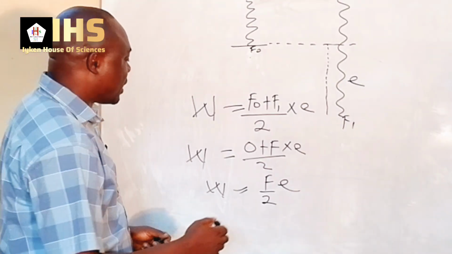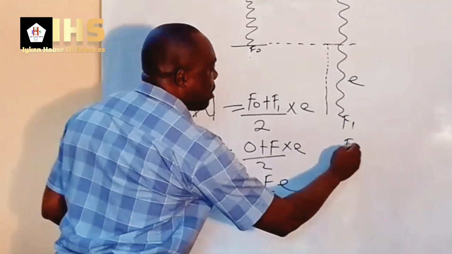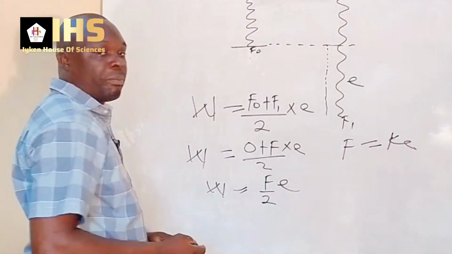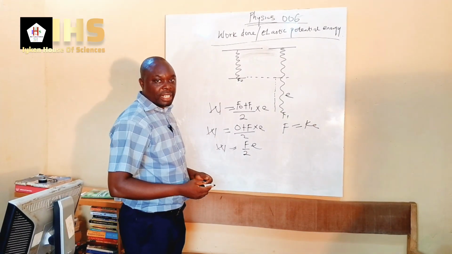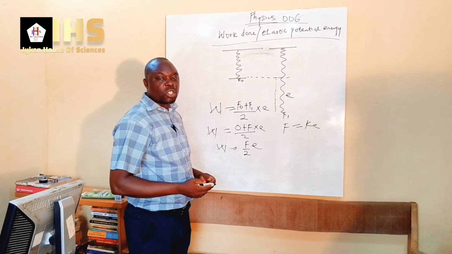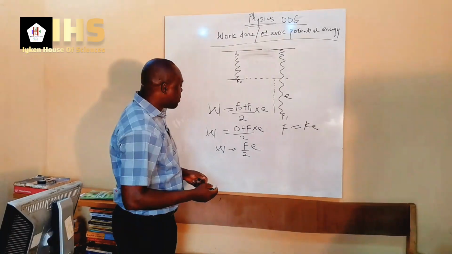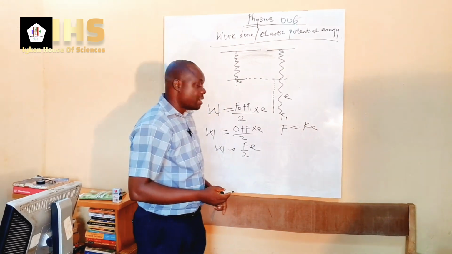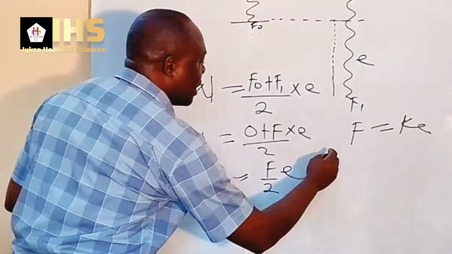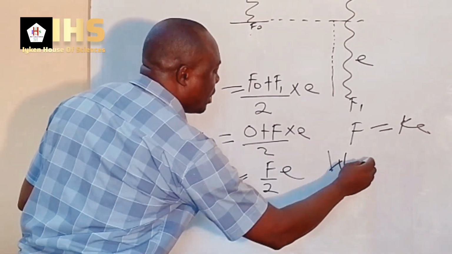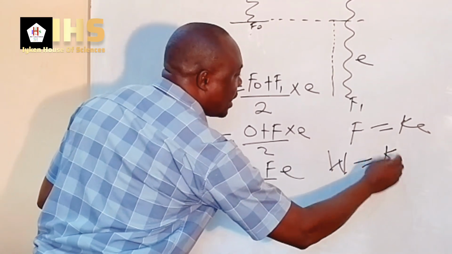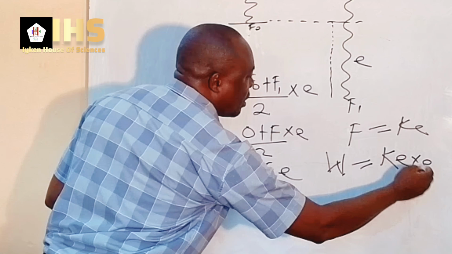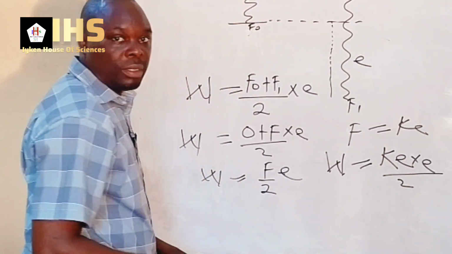But I told you that by Hooke's law, F is equal to KE, in our first class, physics 001. So if you remove this F and substitute with KE, we have that the energy stored or the work done is equal to K E times this E, all over 2.